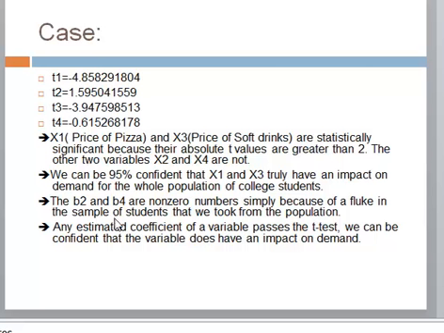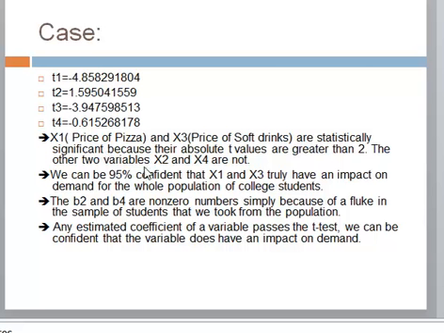Okay, back to check our example. The t1 we get is minus 4.858, t2 is 1.595, t3 is minus 3.947, t4 is minus 0.615. So x1 and x3 are statistically significant because their absolute t-values are greater than 2.